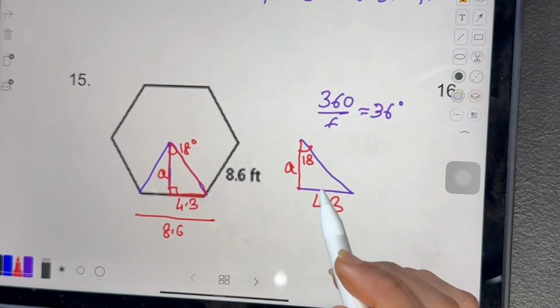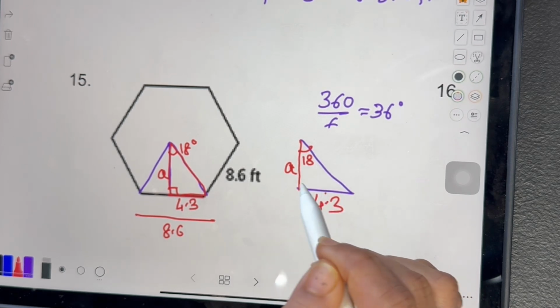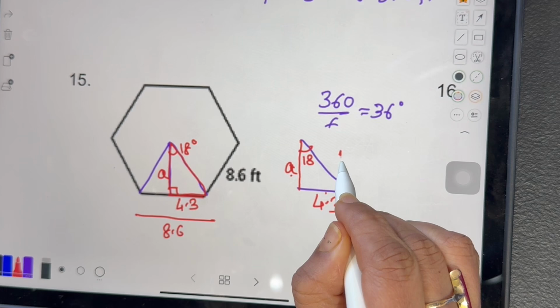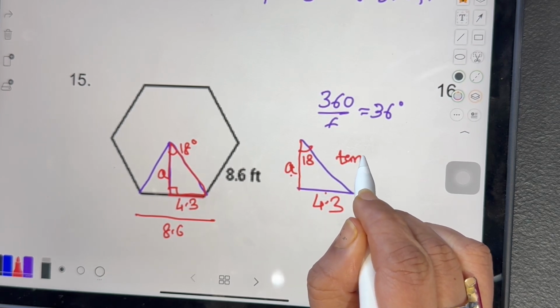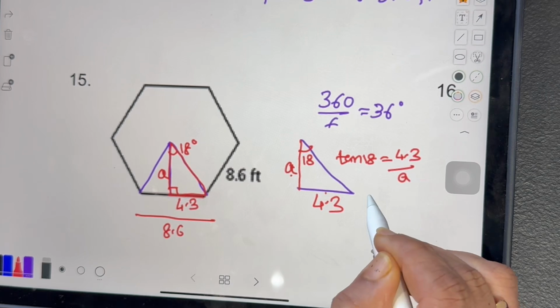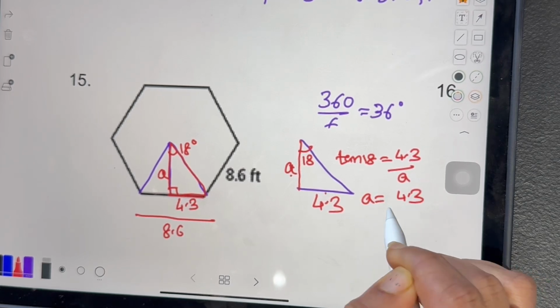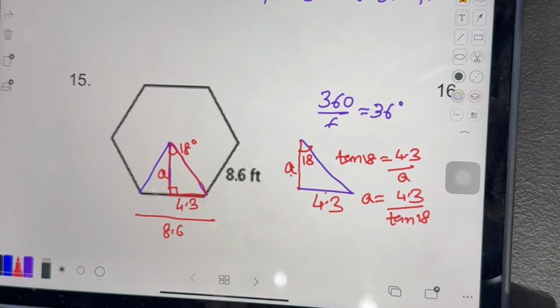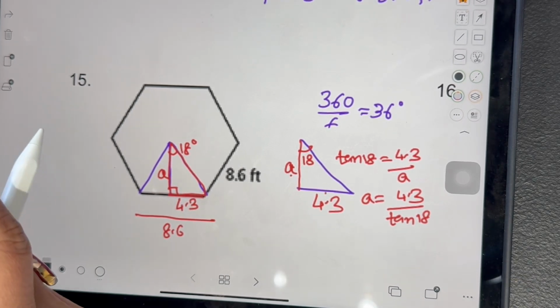Which trig ratio can you use to find the apothem? Opposite over adjacent. Which trig ratio has that? Opposite over adjacent is tangent. So tangent 18 is equal to opposite over adjacent. So A is equal to 4.3 over tan of 18. Make sure your TI-84 is in degree mode.